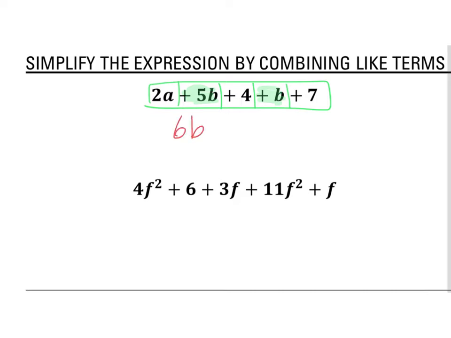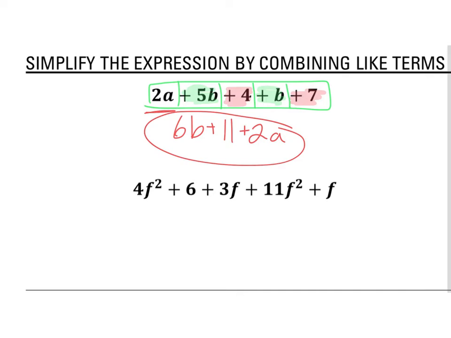And then the second set of terms that we can combine are this 4 and 7, which would give us plus 4 plus 7 is 11. And then this 2a doesn't have anything, so we're just going to bring it down. And that's as simplified as it can get.